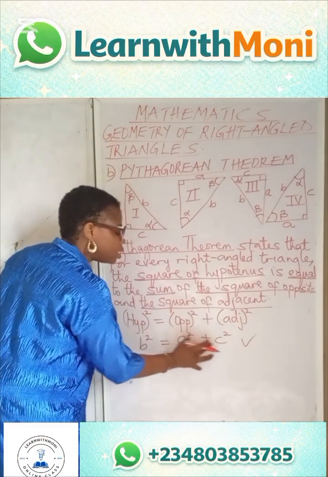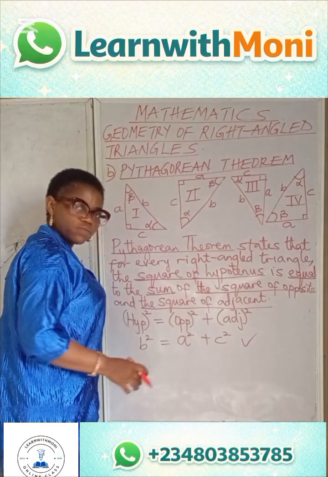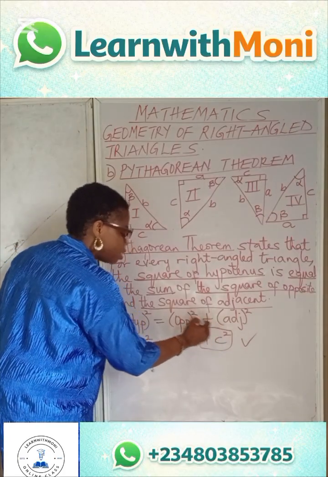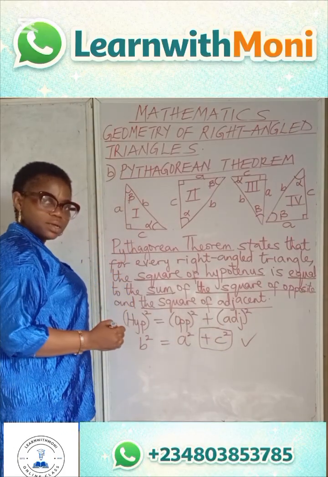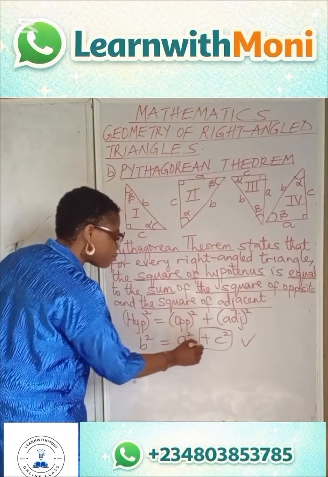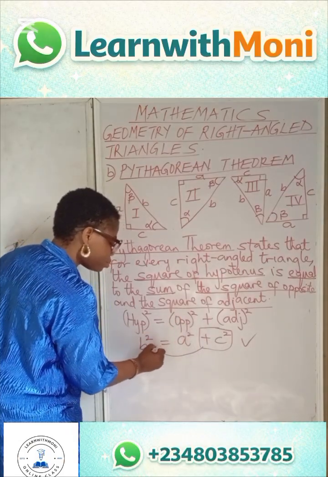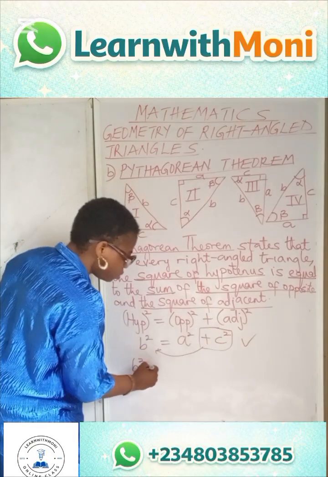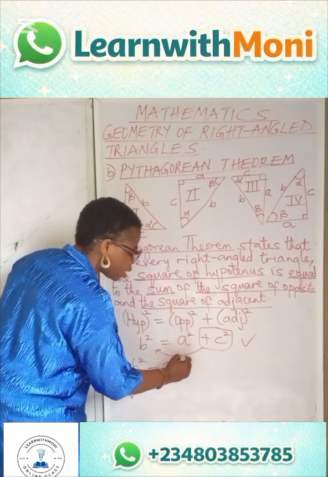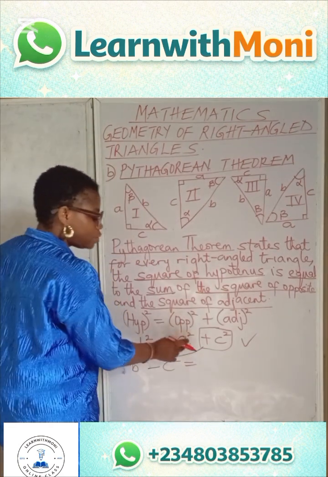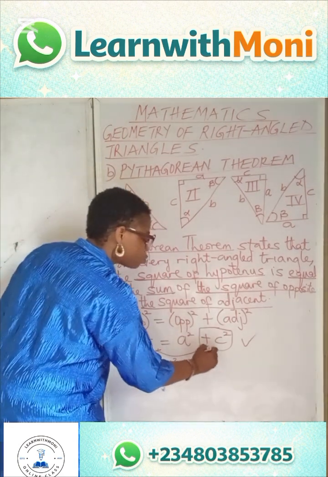I want to get this plus c square out of this. That means the entire plus c square is going to the other side. Then on my left hand side, I'm going to be having b square. This plus c square will change to minus c square, and the only thing remaining on my right hand side is going to be a square.